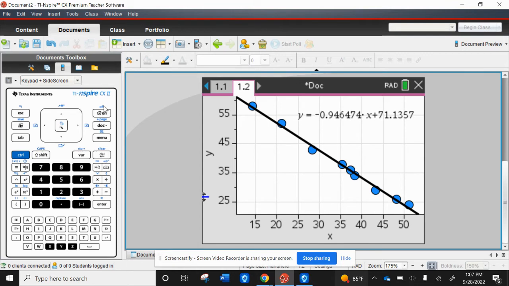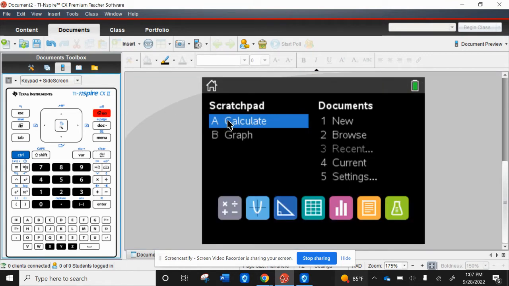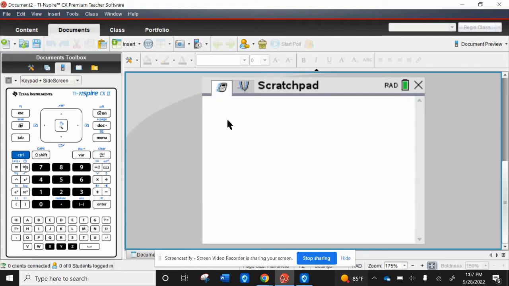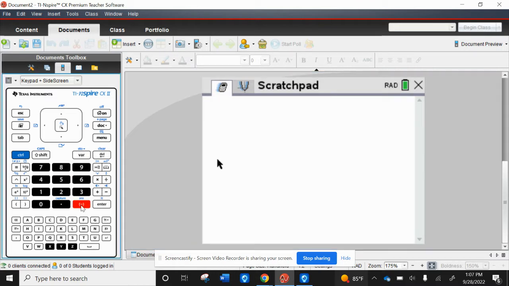So I'm going to press On, and I'm going to go to calculate. And then we're going to put that in. So negative 0.95. Oh, the negative symbol's right there. 0.95 parentheses 8.6. Click to the right. Plus 71.14.